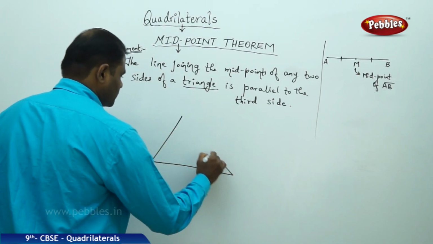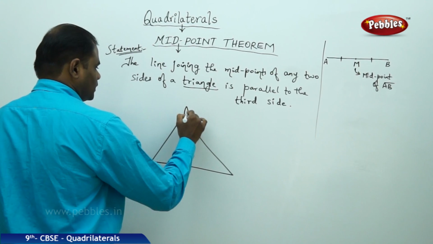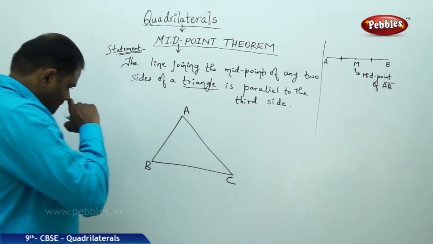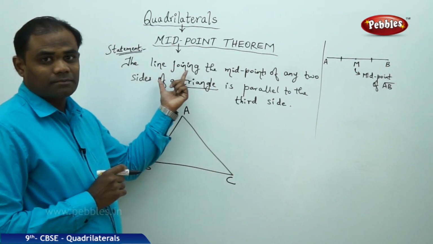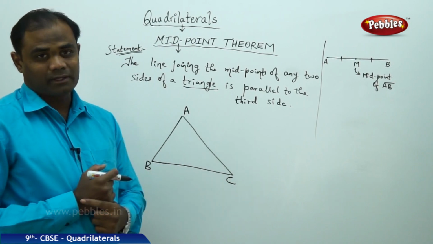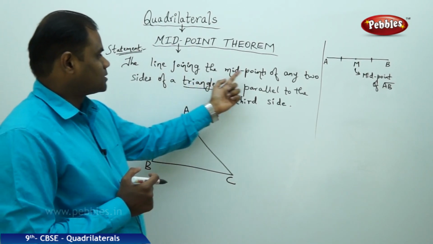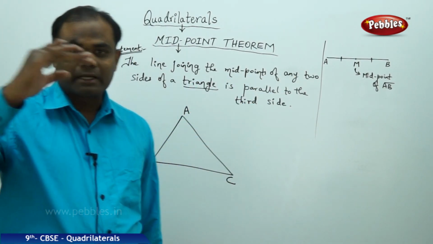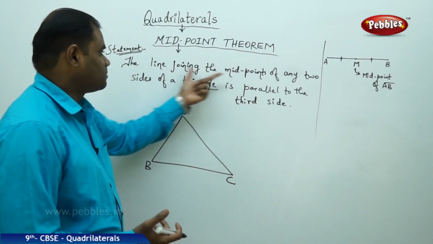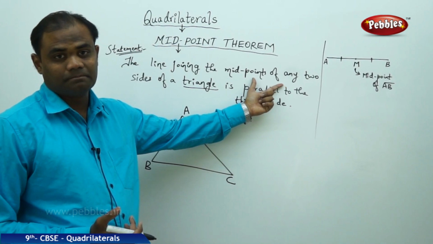Now the theorem says the line joining the midpoints of any two sides of a triangle. So let me take the midpoints of any two sides and then connect the two midpoints so that I get a line. Is how I understand the first part of the statement of the theorem.